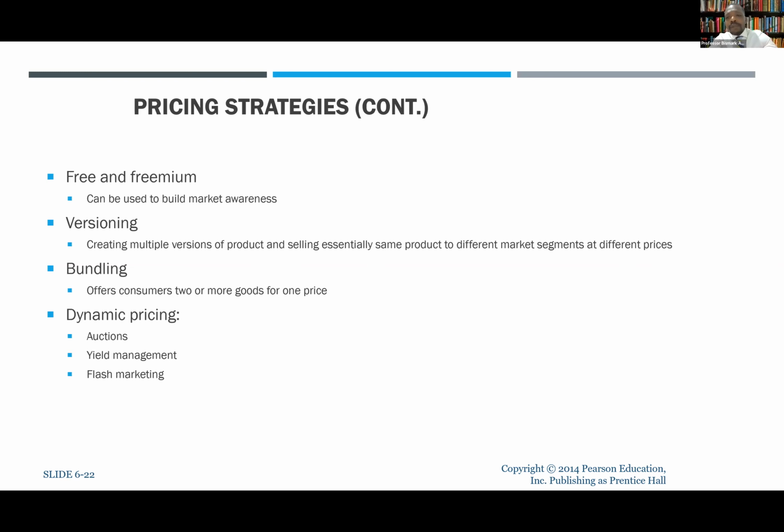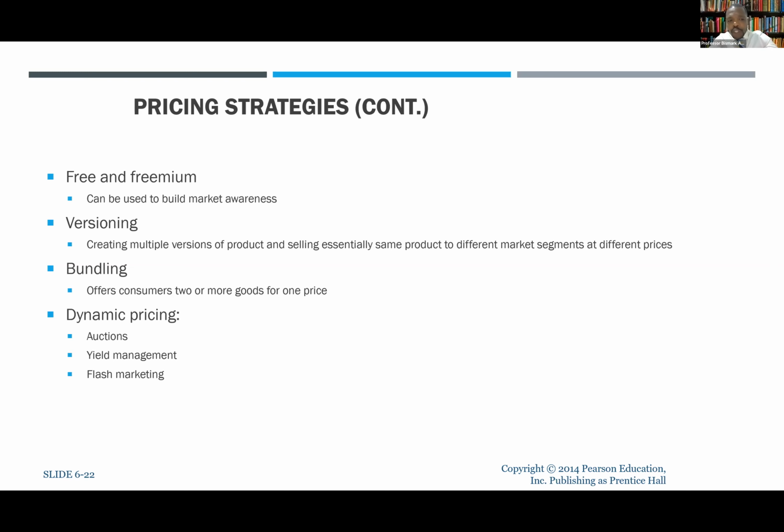But once they upgrade to the premium version, it unlocks the free and turns into a paying subscription. It can be used to build market awareness. Try, and if you like it, then you pay for it.